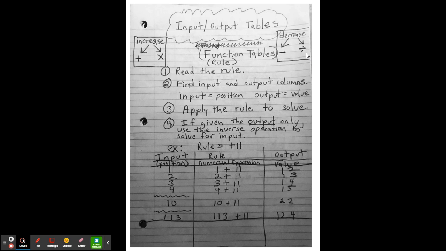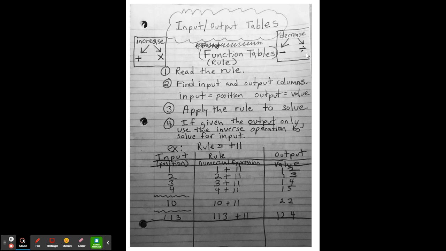When you have a total, you have a large number. So if you use that chart in your mind, that would give you a decreasing pattern, and that would be subtracting or dividing. And if you don't have a total, you get the increasing pattern, which is adding or multiplying.